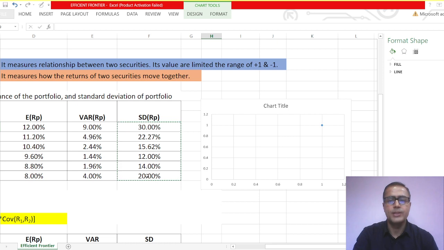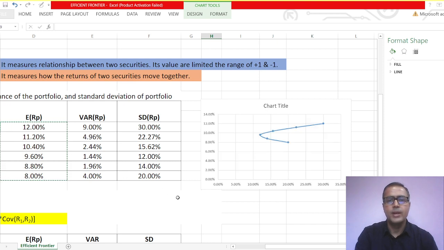Then just enter it. The y-axis is the expected return on the portfolio. Just enter it. Then you can see the efficient frontier has been drawn already.